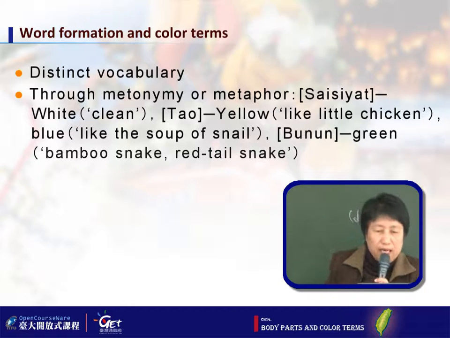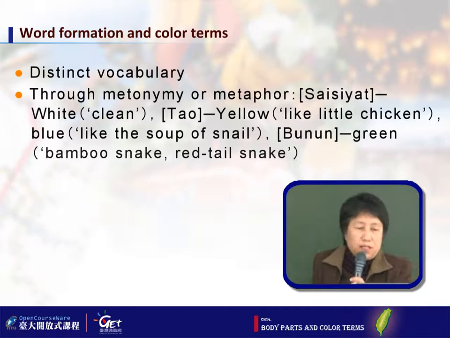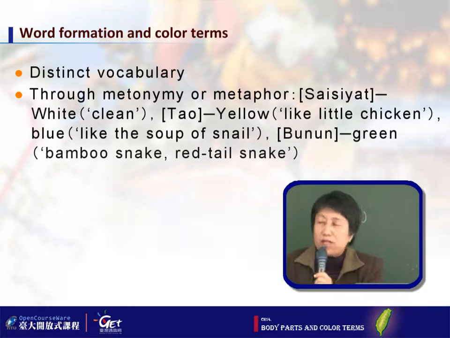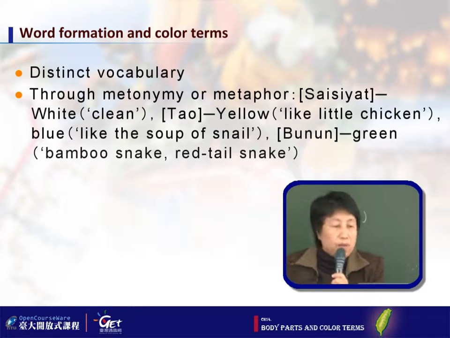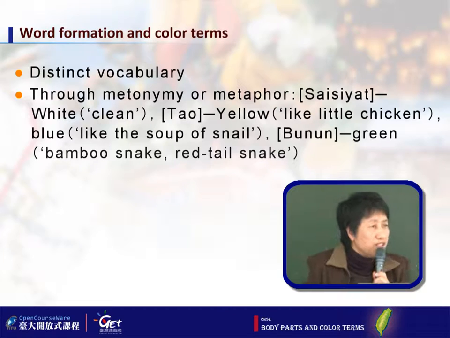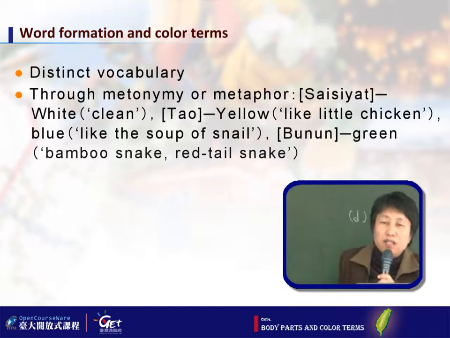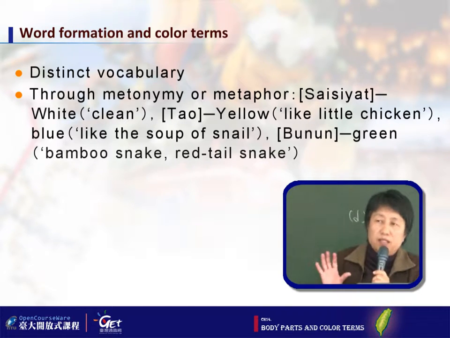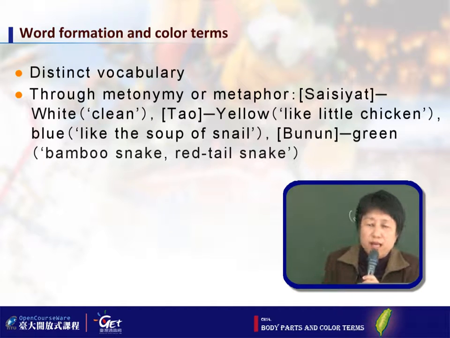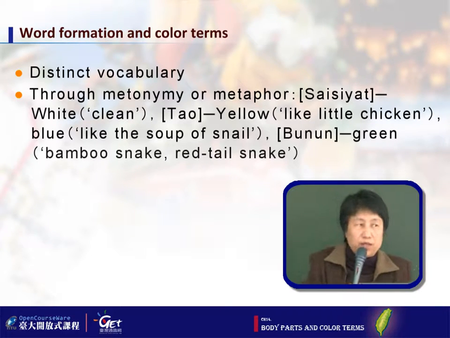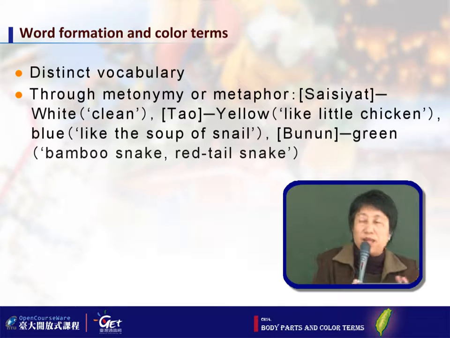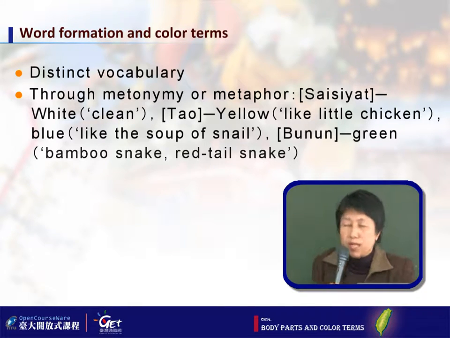And Bunun has a green color, and this green vocabulary is actually the same as bamboo snake, 青竹丝, or red tail snake. It's the same term. Okay, so that's how languages create new terms by metaphor, trying to find a similarity between the two, and then use that.